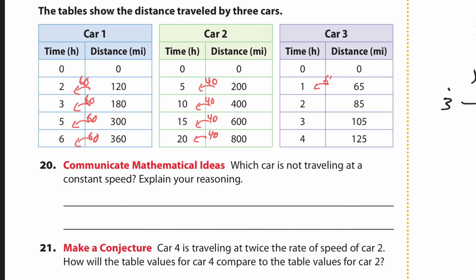And this is 65, 85 divided by 2. 85 divided by 2 is 42.5. So it's this one. This one's not moving at a constant speed right there. So it's car 3. And how do I know? Cars 1 and 2 show a constant rate of change.